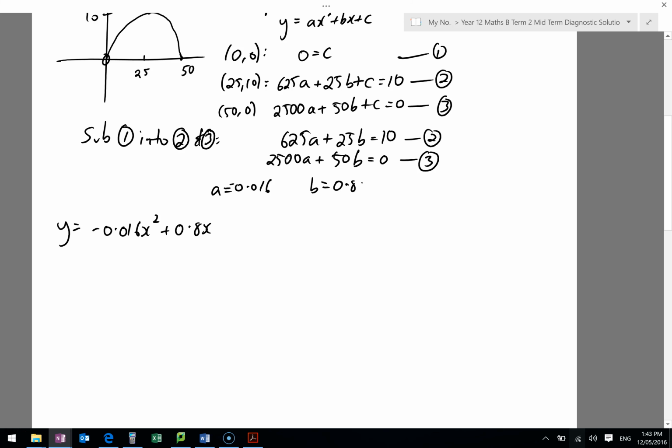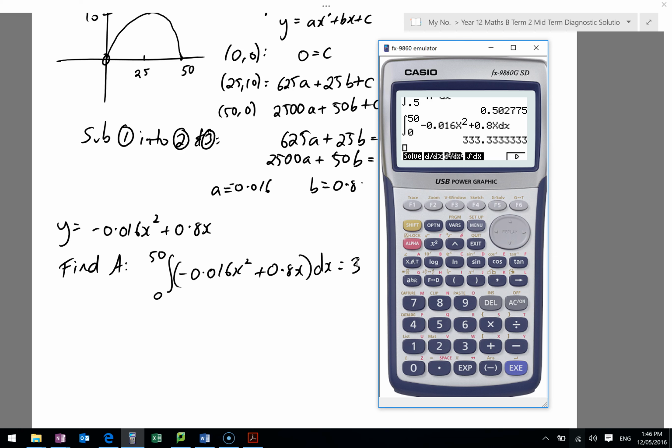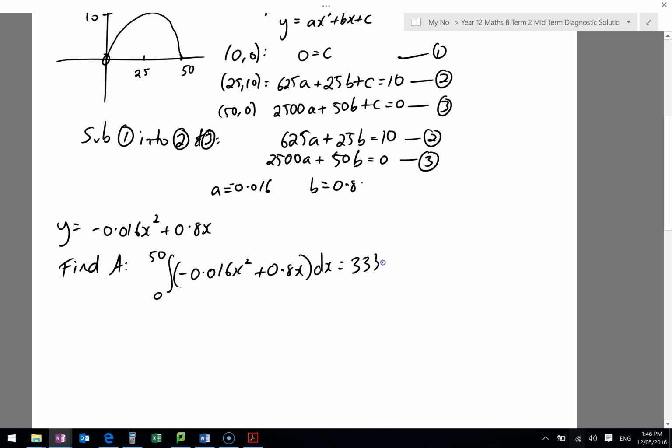So to find the area, I need to integrate it from 0 to 50 with respect to x. I get an area of 333.3 centimeters squared.